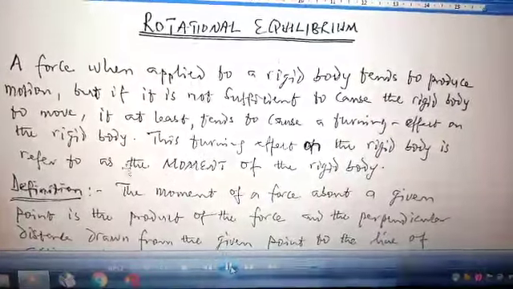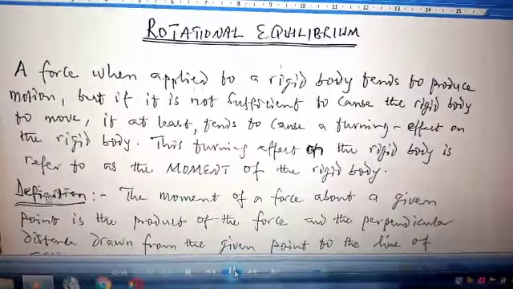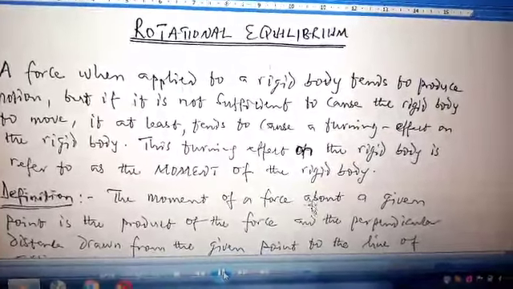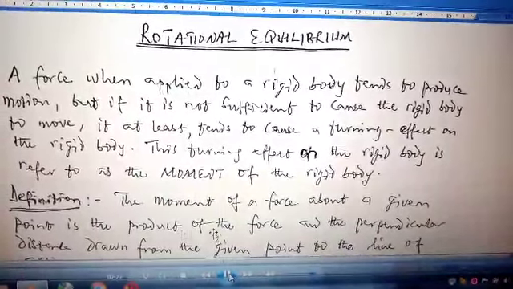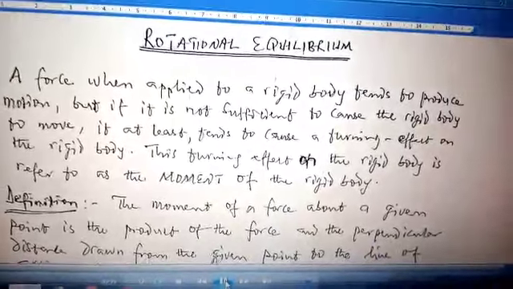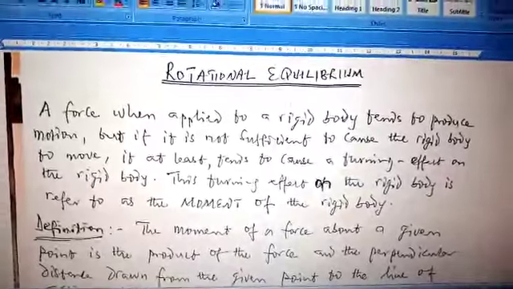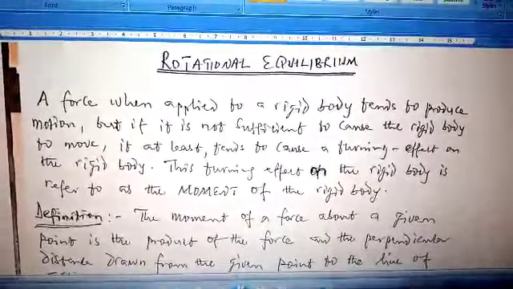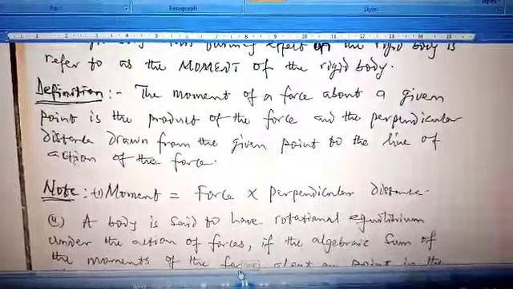As physics students, you will recall if you have been taught, and if not, please pay attention. The moment of a force about a given point is the product of the force and the perpendicular distance drawn from the given point to the line of action of the force. I take that again.